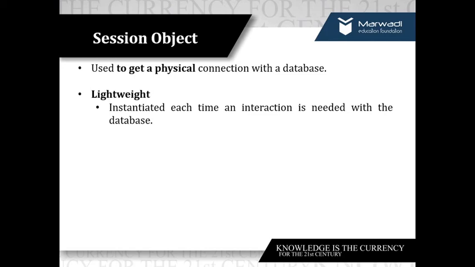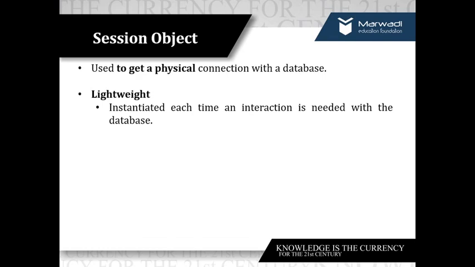Lightweight in the sense that many threads in our application may use it. For example, let's consider web application users. Say there are two users using it simultaneously. One is viewing his shopping cart, and another is editing his shopping cart.